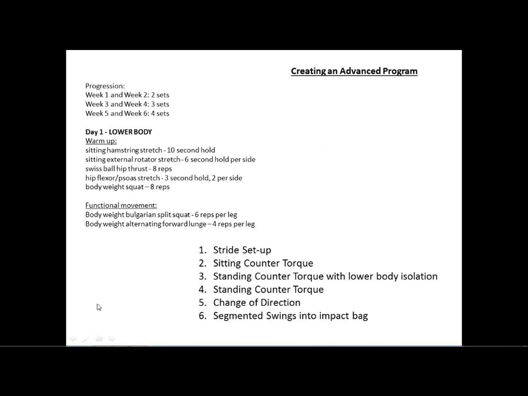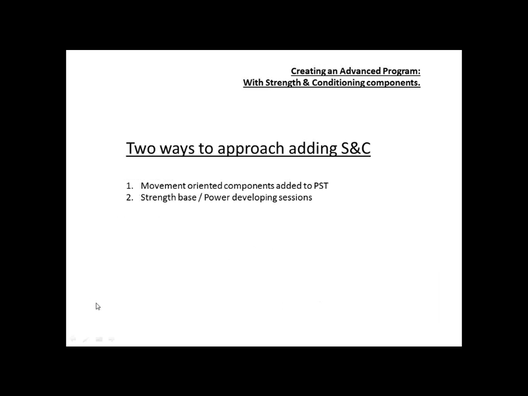You can then add ways to add strength conditioning into this. And the two ways that I would tell you to think about this is using more traditional strength conditioning components from two views.